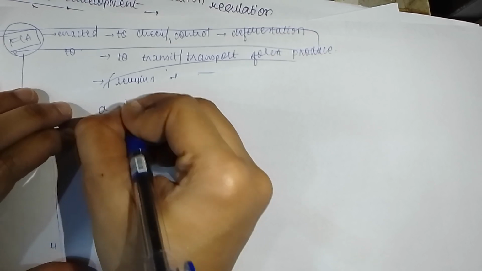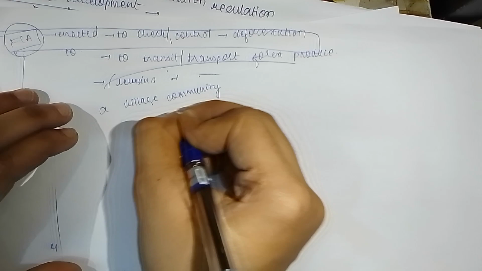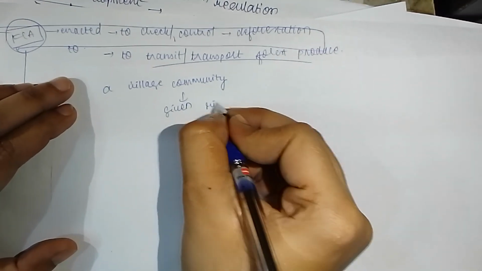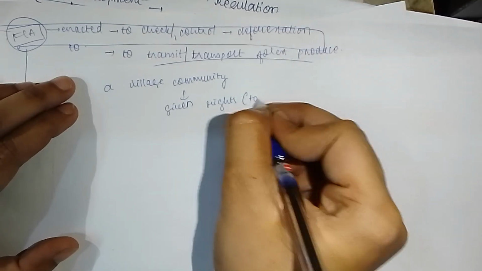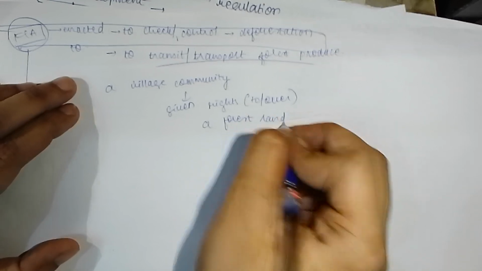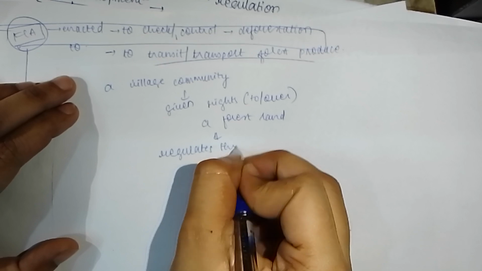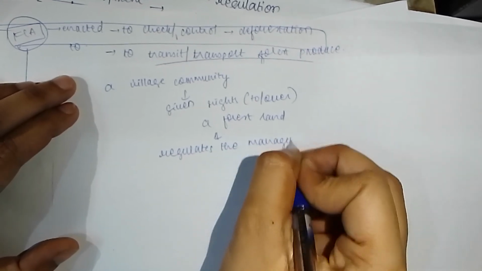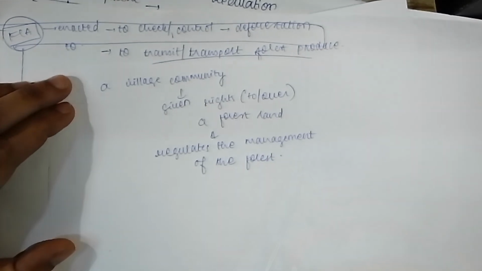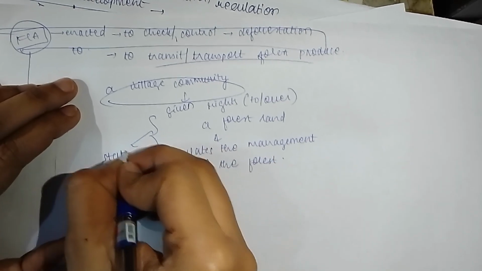You can write it as a village community is given rights over a forest land, which regulates the management of the forest. So this has rights similar to that of a state government.